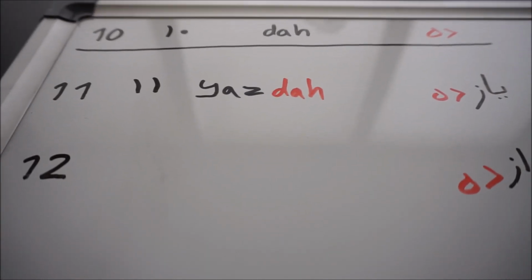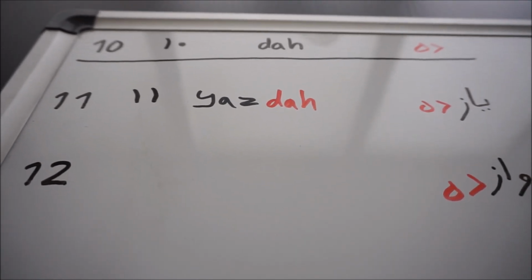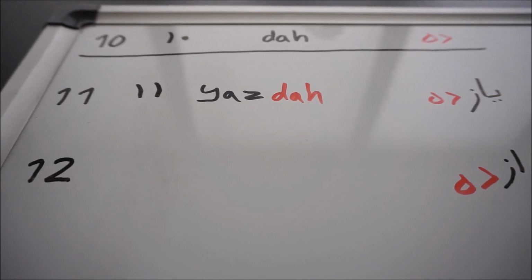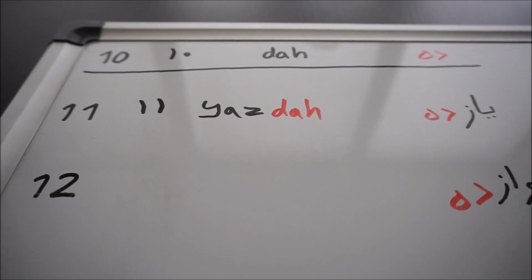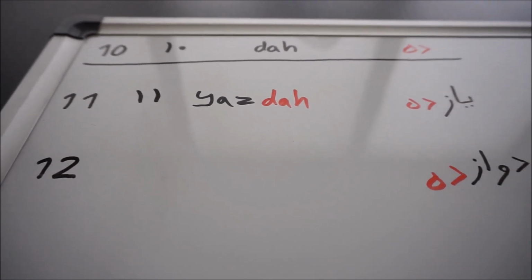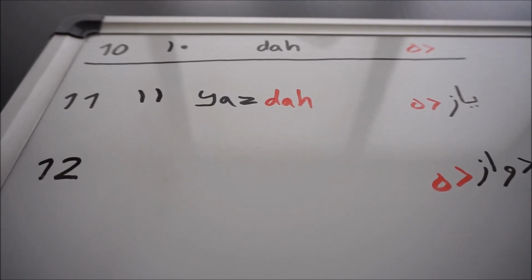So number 11 is yazdah. Another thing to note here is that the "and", so 1 and 10, the "and" in there is not explicitly written. So it's not actually there, it's just 1, 10 basically. But implicitly it is understood that it's in there.